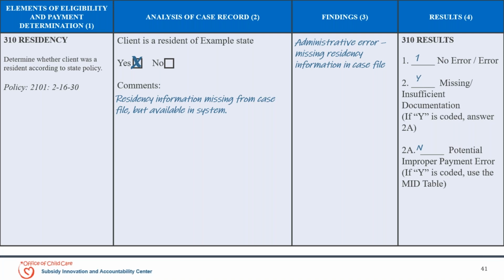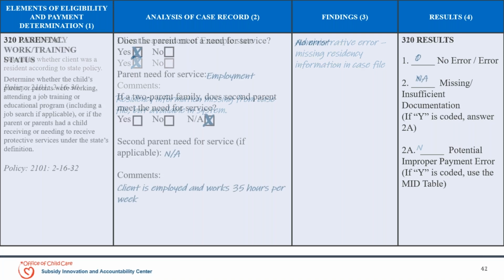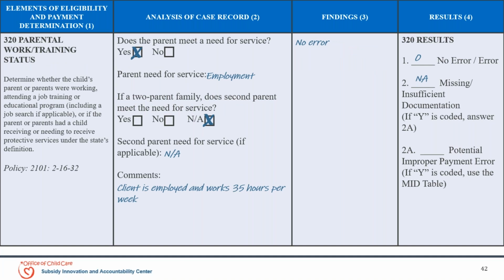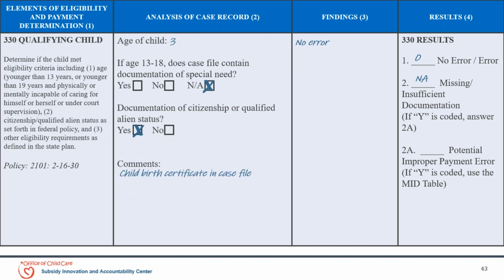So that would be the difference between what kind of error would need to be looked at further for an additional inquiry versus what would not. So I hope that is clear. If not, feel free to reach out.